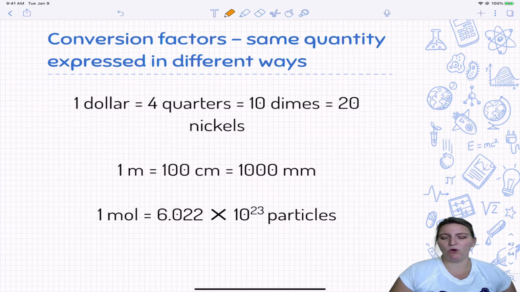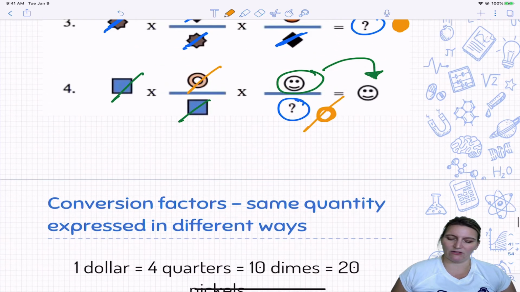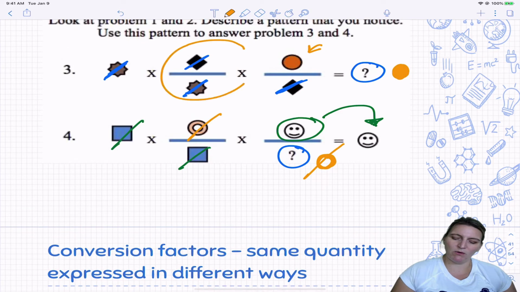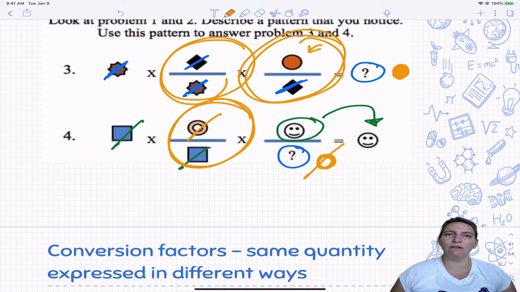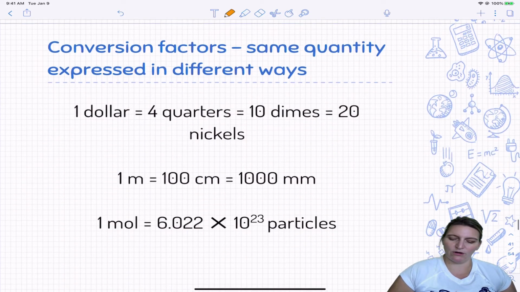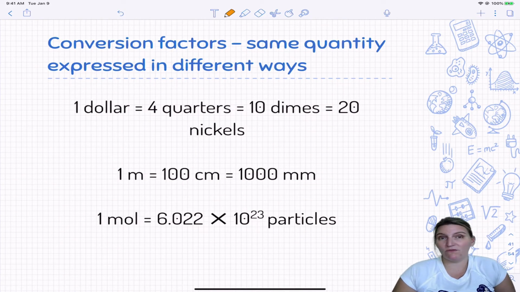What we're going to be putting in our fractions in these problems are things called conversion factors. It's a word maybe you haven't heard before, but you've used them, you understand them. So the idea that $1 and 4 quarters and 10 dimes and 20 nickels all stand for the same amount of money.